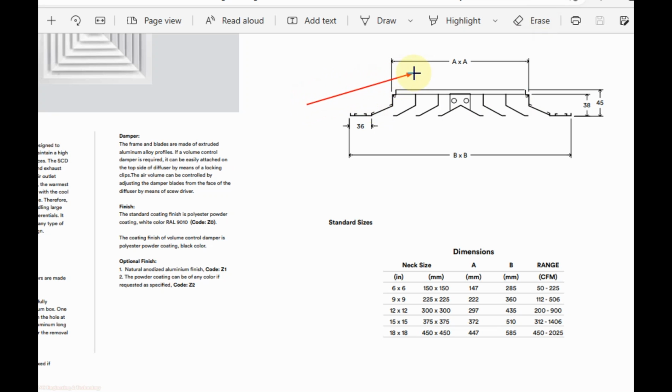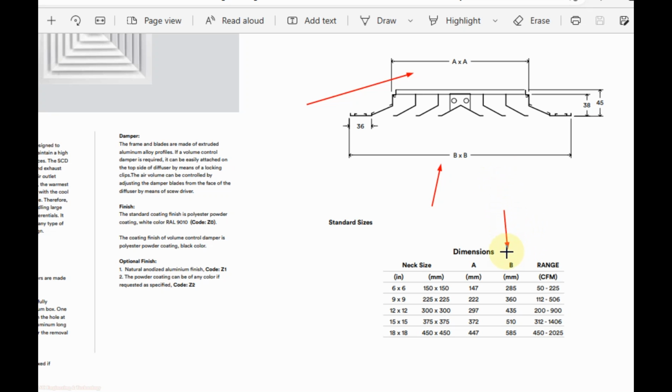This is the section of a square ceiling diffuser. The top size A by A is its neck size, which will be connected to the duct, and the bottom B by B is its face size, which we see from the ceiling. So you can select the square ceiling diffuser according to its face size also, to match the tile ceiling.